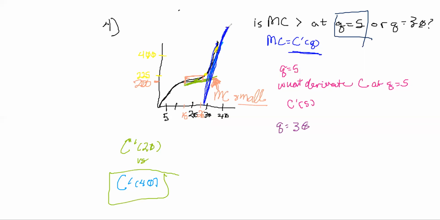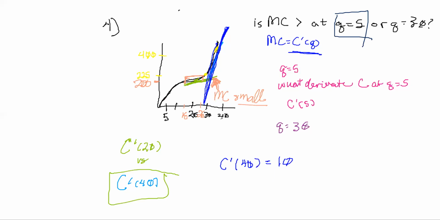Again, I'm making up these numbers, so I'm going to say arbitrarily that the marginal cost of making 41 instead of making 40 is going to be $10.